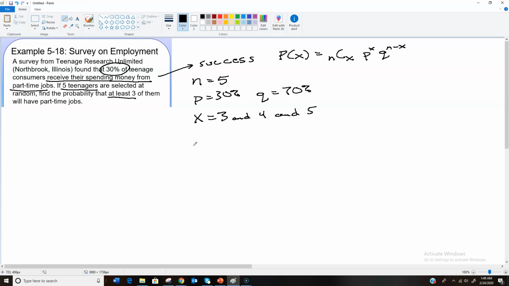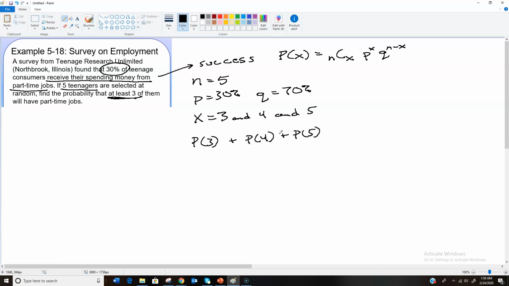In other words, we're going to have to figure out the probability of exactly 3 out of the 5 having a part-time job, plus the probability that 4 get their spending money from their part-time job, and then plus the probability that 5. So the probability that we get 3 out of the 5, 4 out of the 5, and 5 out of the 5, because it says at least 3. So that requires us to actually do 3 separate calculations and add them together.